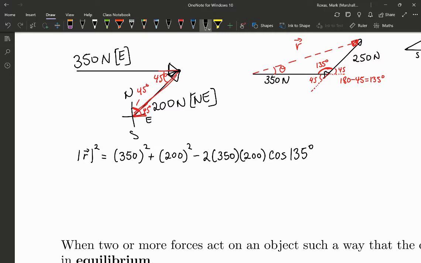You have to make sure your calculator is in degree mode. I know we've been using radians for a while, but you do have to make sure your calculator is in degree mode.